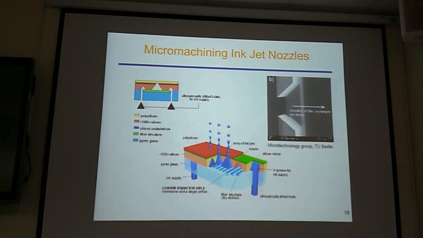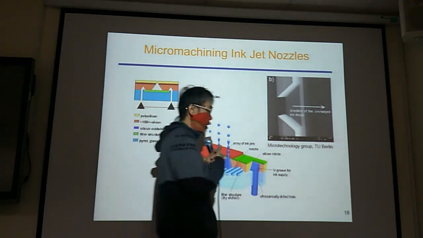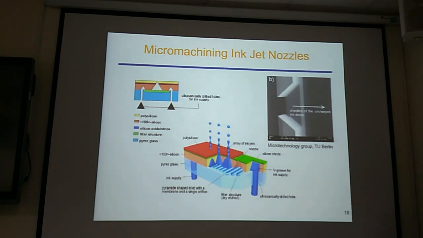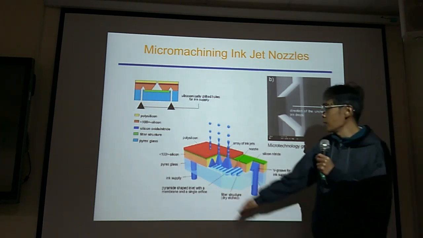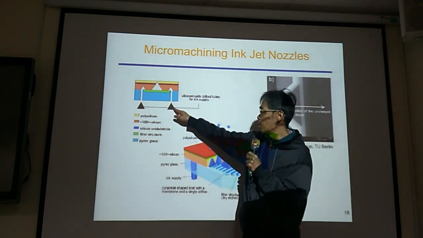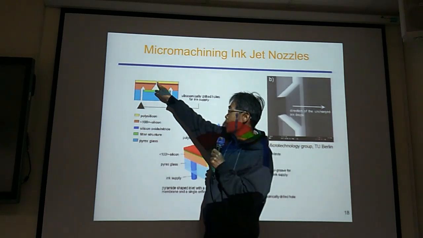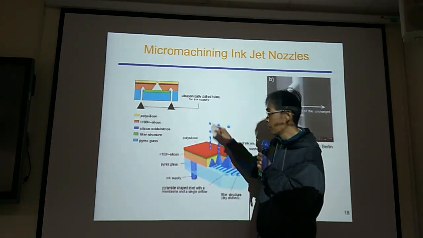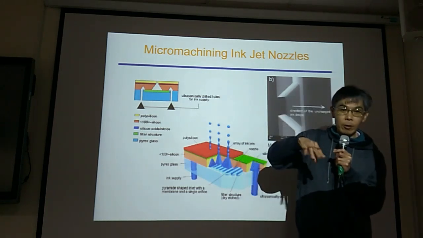So another MEMS device. That one is the pressure sensor, and this one is the inkjet printer to push out the ink for the printer. See, this is the ink, and ink goes in and out from this nozzle at high pressure for printer applications.